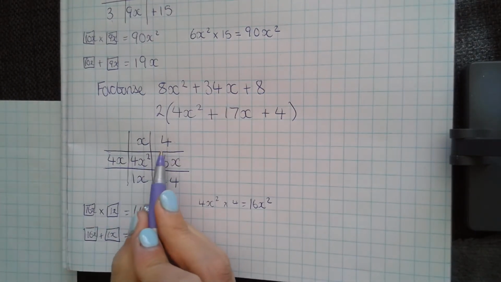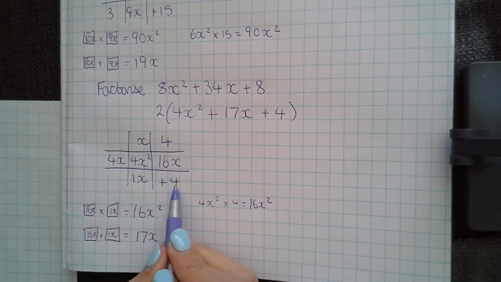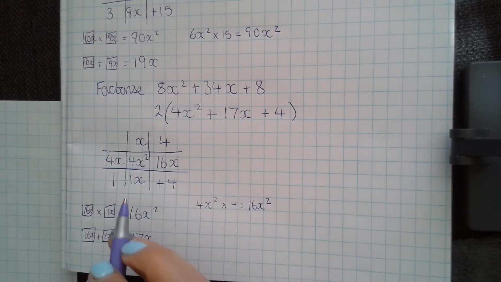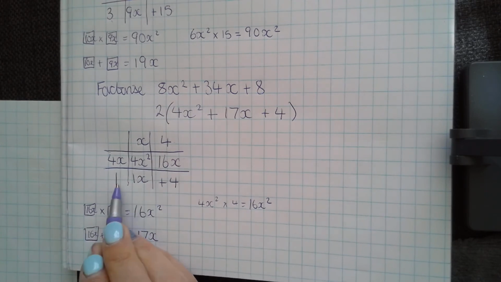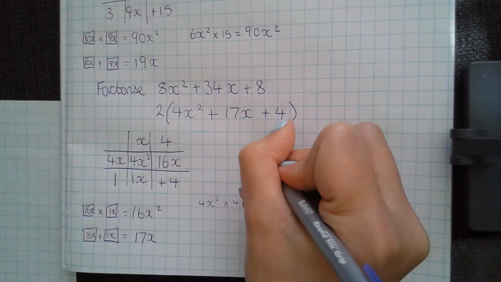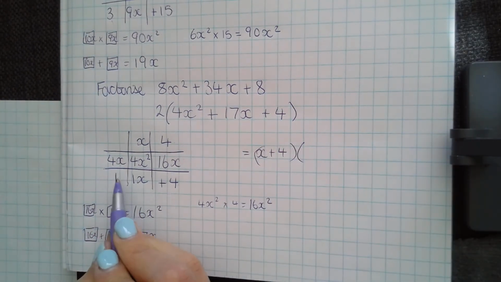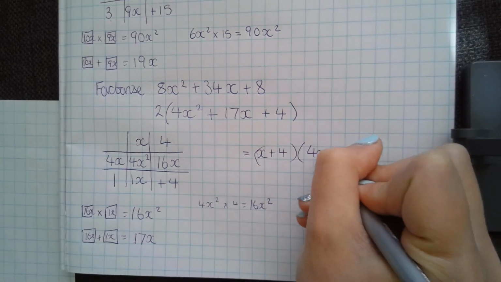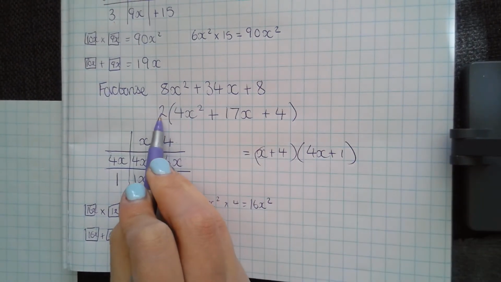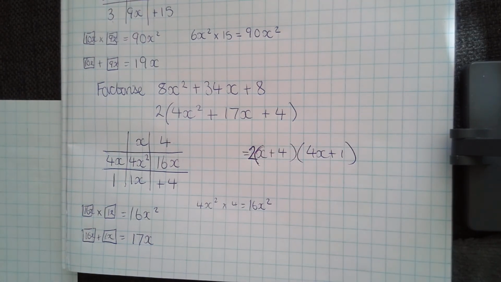Or we could have done 4x times what makes 16x is 4. And then 4 times what makes 4 is just 1. Or the highest common factor of 1x and plus 4 is also 1. So my two brackets are x plus 4 and 4x plus 1. But we also need to remember that I had the 2 beforehand. So I've got 2 before my bracket.